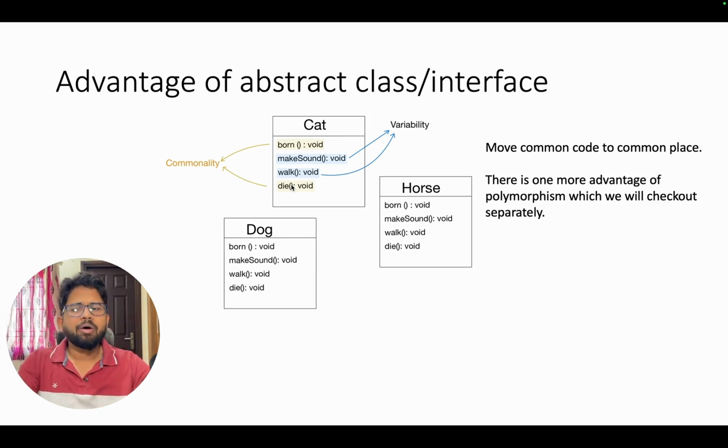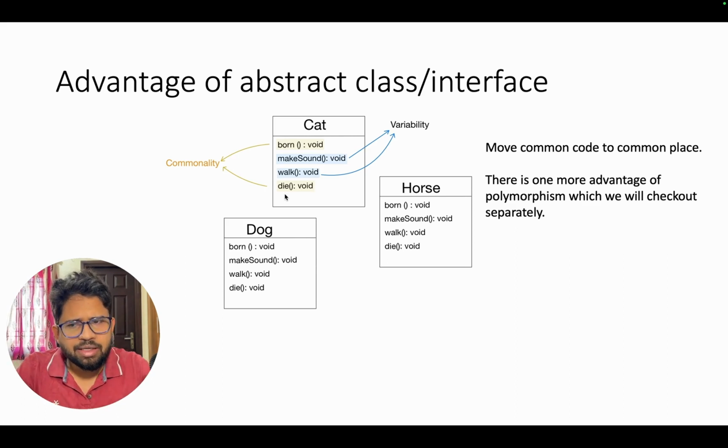Here, two different things come into the picture. The first is the commonality part and the other is the variability part. So remember, whenever you are writing any class or whenever you are writing a set of classes, it's important to think through in terms of commonality and variability. So let's say these are the two things which are varying across the classes. So make sound and walk would change for all the three classes, but the first and the last one would be same.